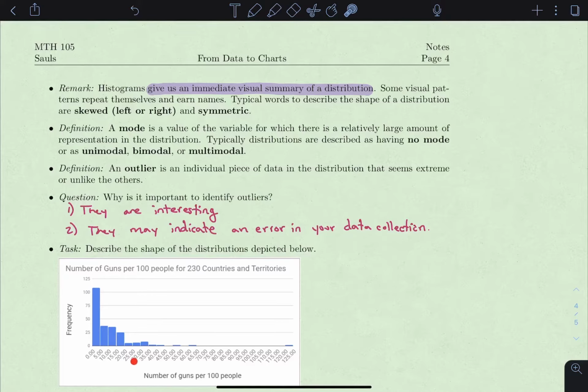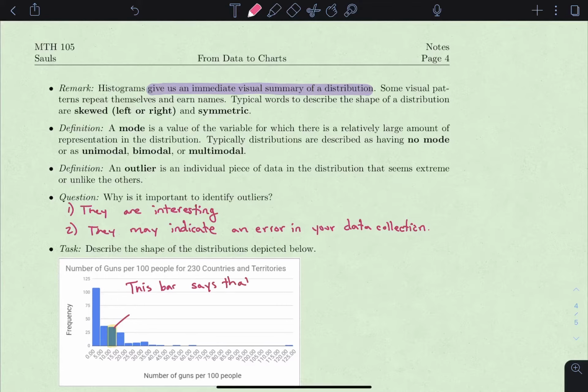So again, the strategy I suggest you take for reading histograms is to figure out what one bar says, and then base your understanding of the whole histogram on how that one bar works out. So this bar says that, and I don't know what that would be, about 35 maybe?